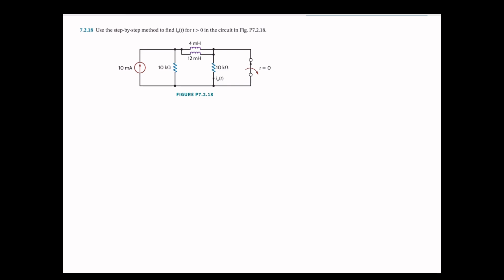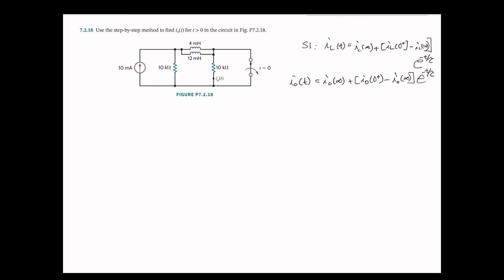Step number 1, we write the equation I sub L of t equals I sub L infinity plus [I sub L 0 plus minus I sub L infinity] times e to the negative t over tau, and the same thing for I sub 0 of t: I sub 0 infinity plus [I sub 0 0 plus minus I sub 0 infinity] times e to the negative t over tau.